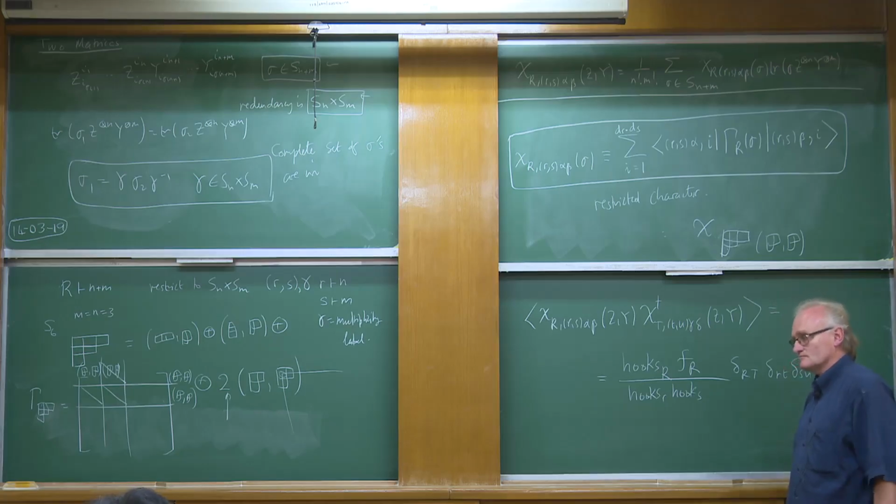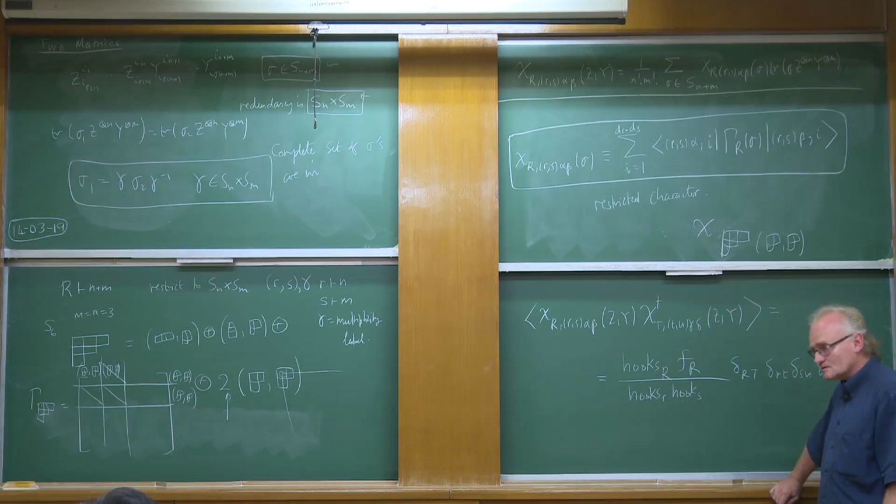Intuitively, you expect d-branes to continue to be free in the bulk at large n, because the mass of a d-brane is 1 by g, and Newton's constant is g squared. So the interaction energy is g squared times 1 by g times 1 by g, which is 1, which is an order g fraction of the original.